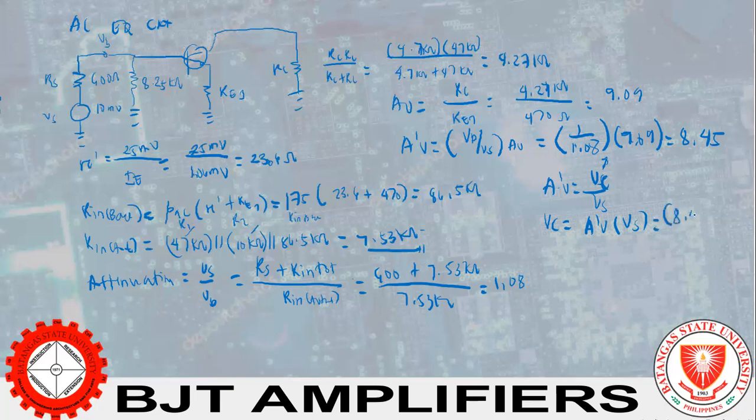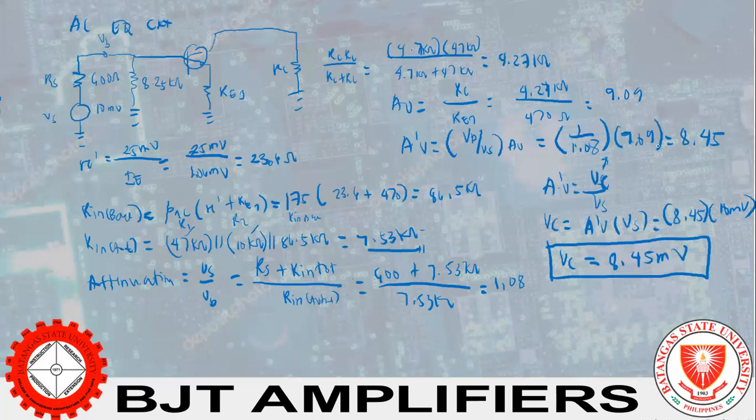So, 8.45 times 10 millivolts. So, we have the VC of 8.45 millivolts. And this would be our collector, AC collector voltage. Okay, susundan nyo lang yung pattern pag tayo po ay nag-compute.